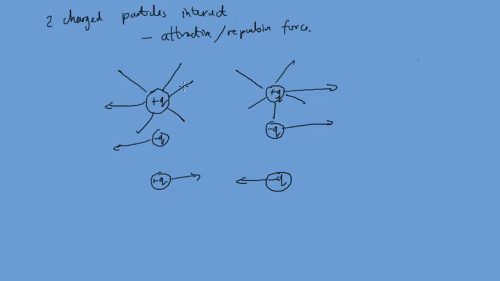And when these fields come into contact with one another, there's an interaction between the fields, and the particles will then respond to the interaction between the different electric fields.